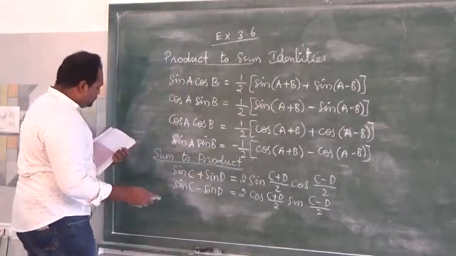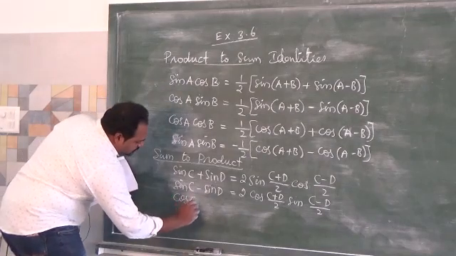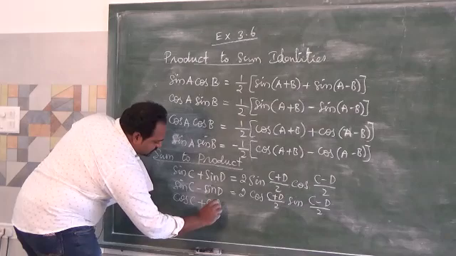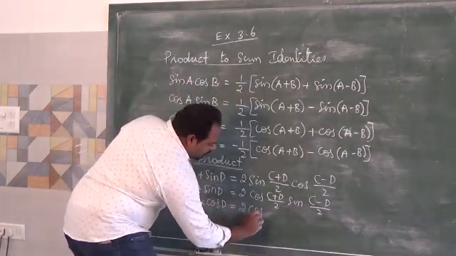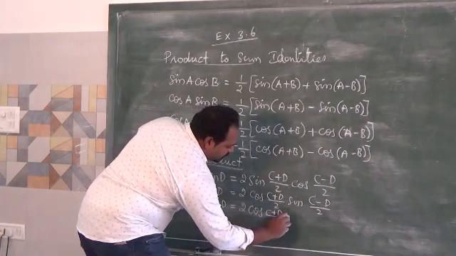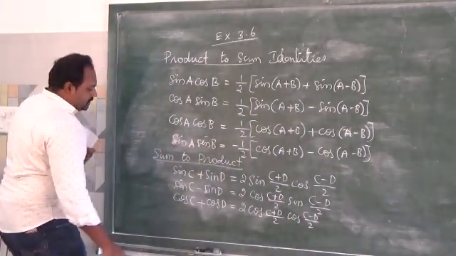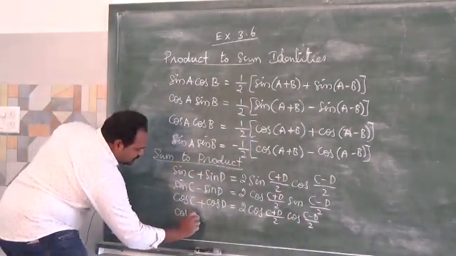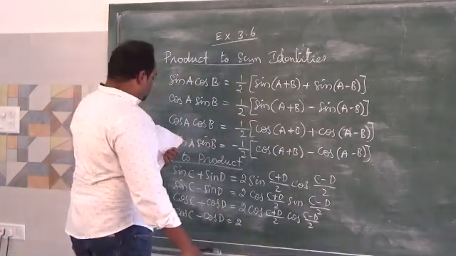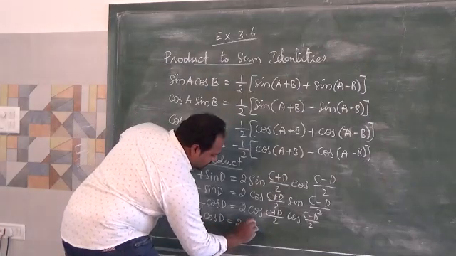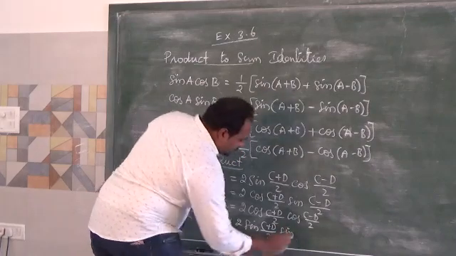Third one, cos C plus cos D equals 2 cos((C plus D) by 2) cos((C minus D) by 2). Next, cos C minus cos D equals 2 sin((C plus D) by 2) sin((D minus C) by 2).